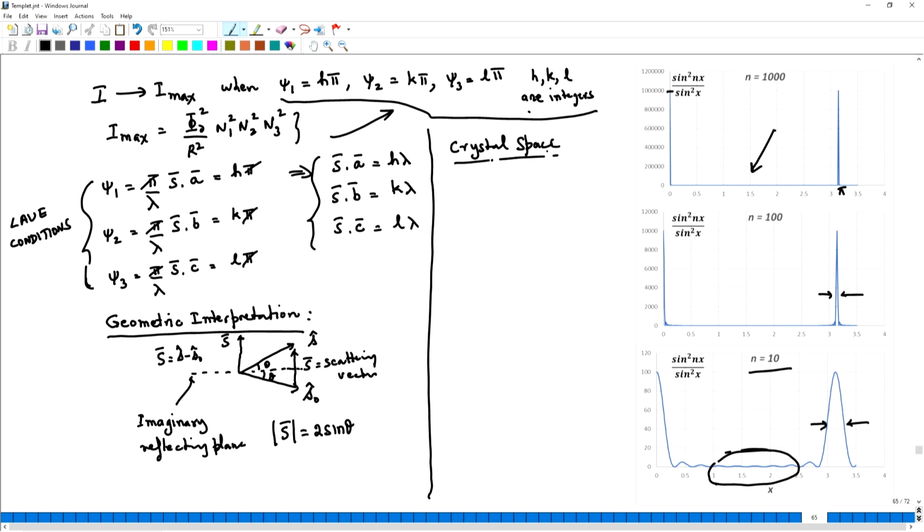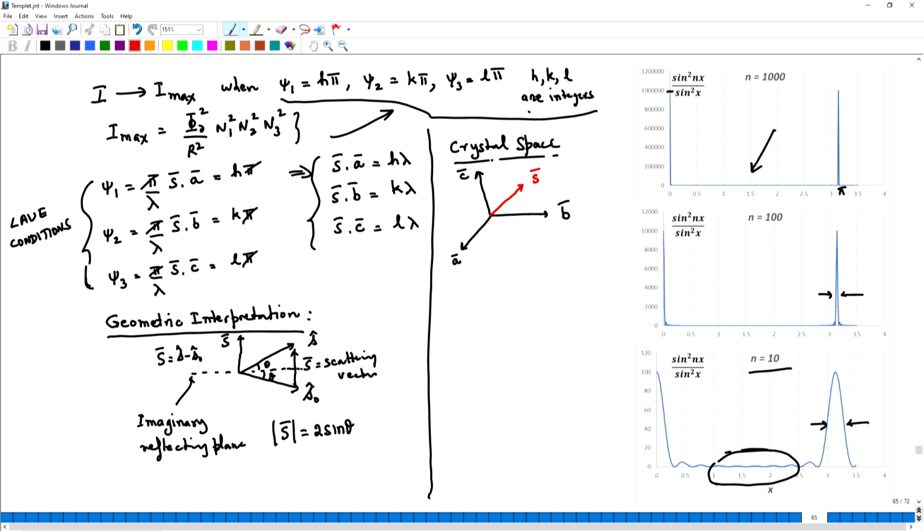In crystal space, I have my A vector, my B vector and C vector, and I have the scattering vector S out here.